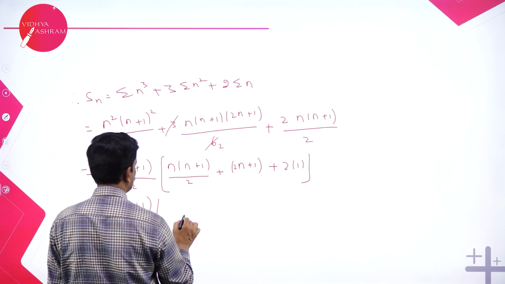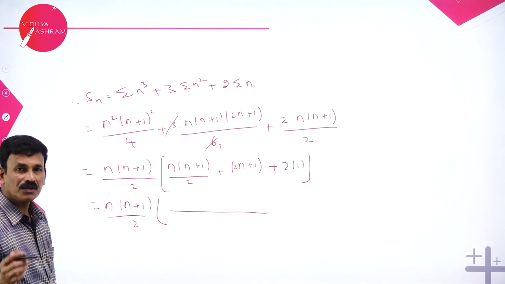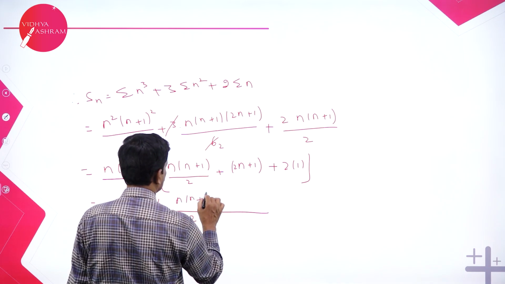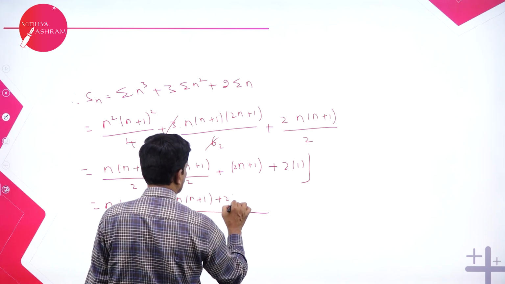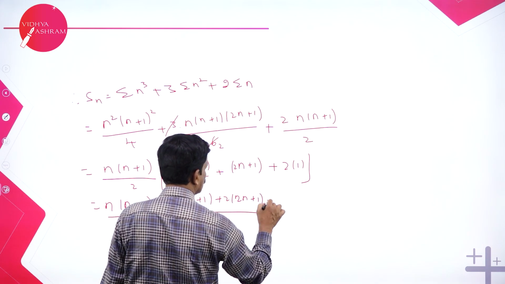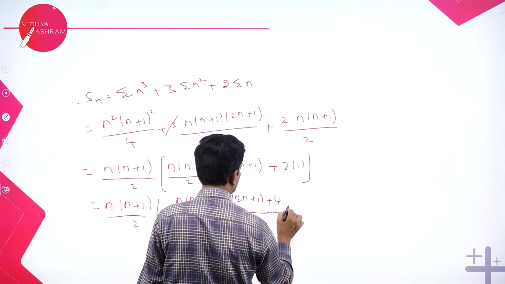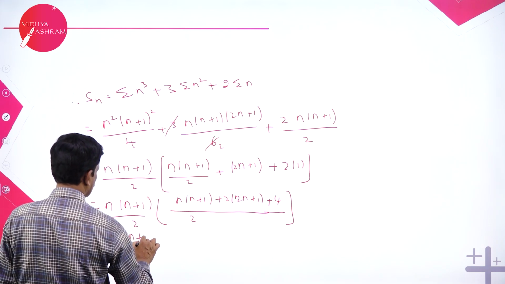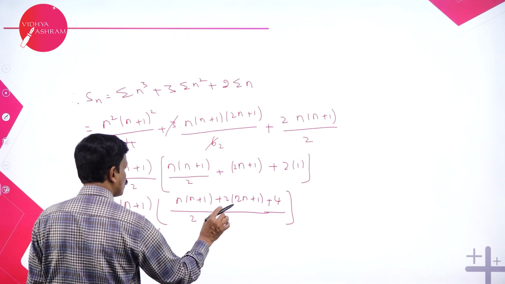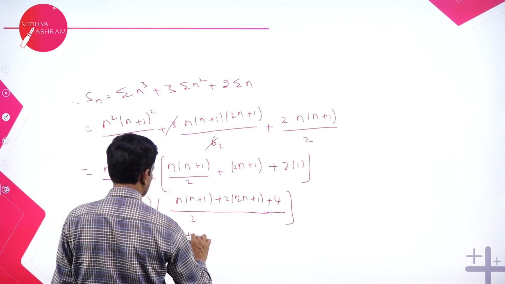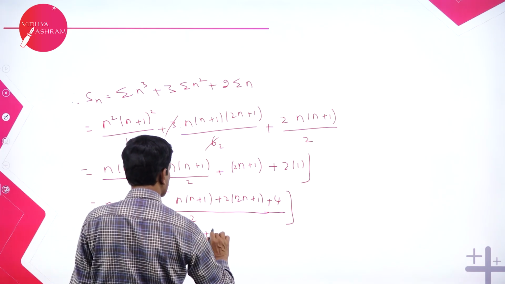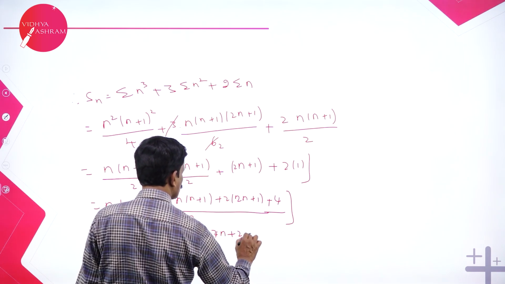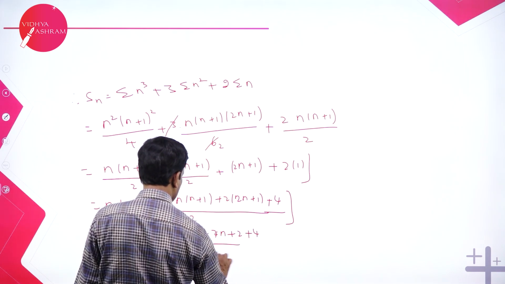Take LCM and simplify. 2 is the LCM, n into n plus 1 into 2 times 2n plus 1 plus 2 into 2 is 4. So, what is this equal to? This is n into n plus 1 divided by 2 multiplied by n square plus n plus 2n, 2 into 2 is 4n plus 2 into 1 is 2 plus 4 divided by 2.